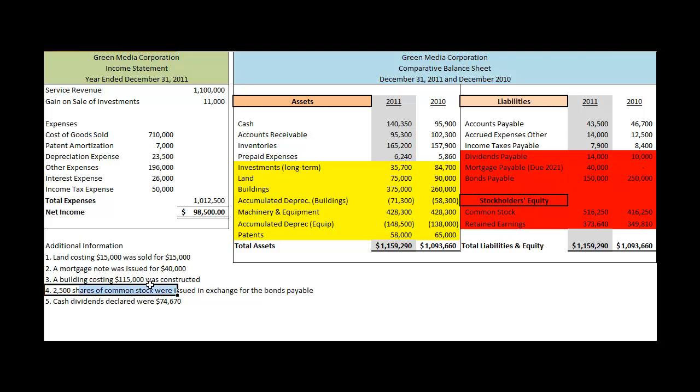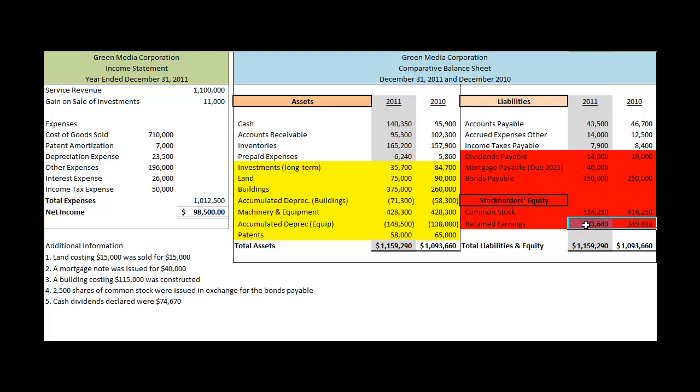But look what we're told in number 4 here: 2,500 shares of common stock were issued in exchange for the bonds payable. That means we didn't pay any cash. Our bondholders took 2,500 shares of common stock, and that's why our common stock went up. And in exchange, they said, you no longer owe us $100,000. That's a non-cash transaction, so there's no cash flow here.